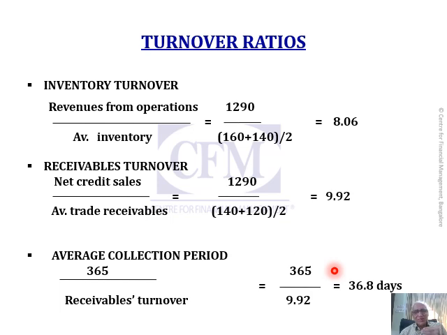If the credit period granted by the firm is say 45 days, and the average collection period is 37 days, the firm is able to collect its receipts in time. But if the credit period granted is 15 days and average collection period is 37 days, collections are very slow. In such cases, we wonder whether they're receivables or deceivables.